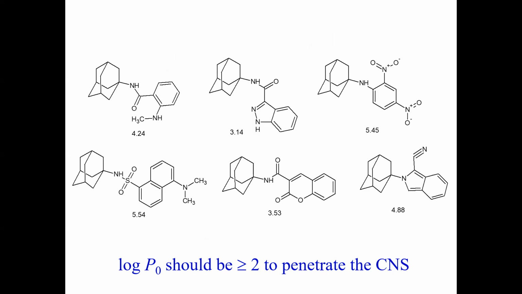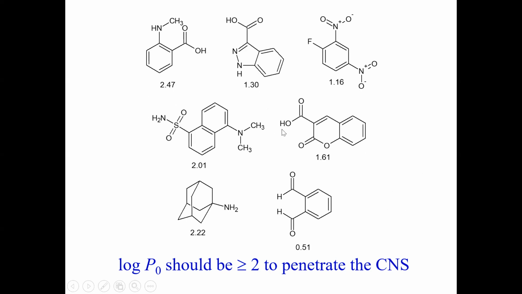And we actually did it. We went into the lab, we did the chemical synthesis, we tested the ADME properties, and this is what we came up with. And you can clearly see here, when we combined the adamantane structure with our privileged molecules, we got log P values that were much better compared to what we previously saw.